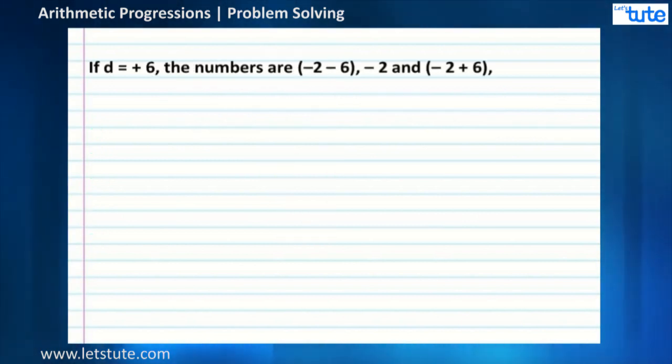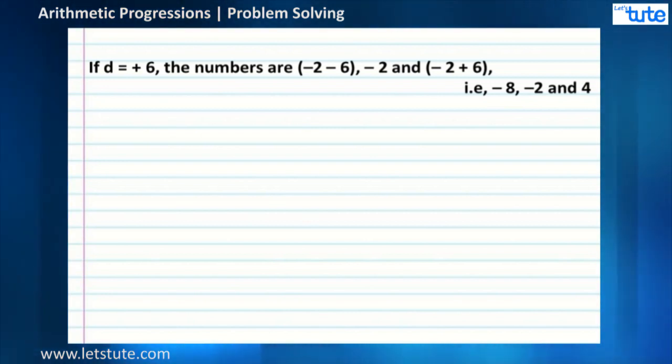So if D is equal to +6, let us find out the three numbers. That is -2 minus 6, -2 and -2 plus 6. We get these by substituting the values of A and D in A minus D, A and A plus D. So the three consecutive numbers are -8, -2 and 4.